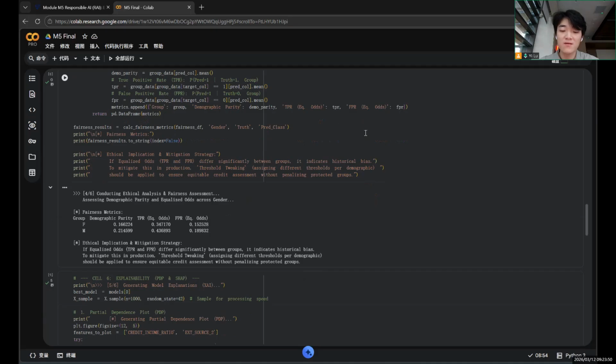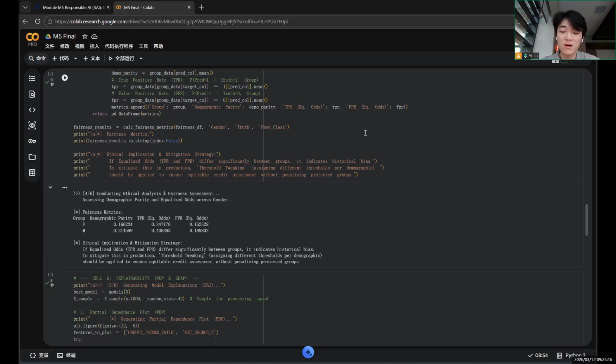Rather than discarding the model or altering the ground truth data, we can adjust the decision thresholds dynamically in production by setting a slightly different probability cutoff for the marginalized group, and we can mathematically align the equalized odds.